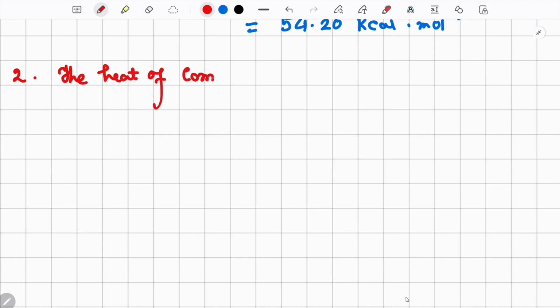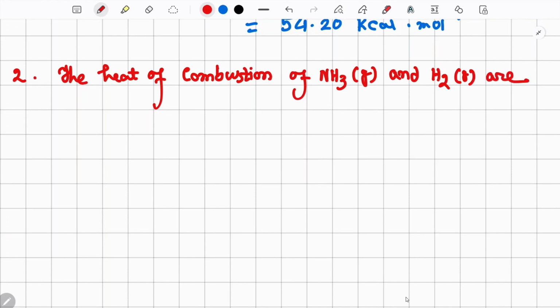Heat of combustion of ammonia and H2 are 9.66, sorry, it's 6.